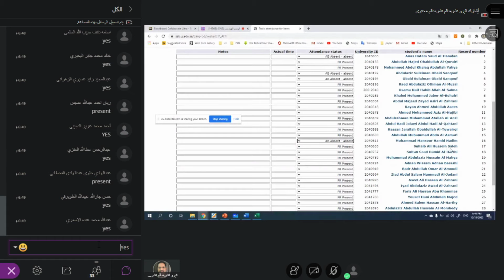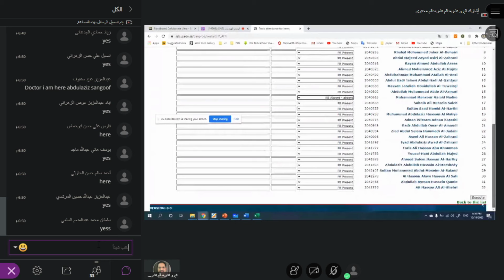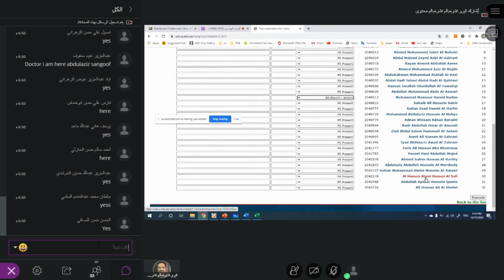Suhaib Ali Hussain Saleh, Sultan Saad Hamid Al Hatti, Muhammad Abdulaziz Hussain Al Mahia, Adnan Isam Adnan Rashi, Badr Abdullah Omar Al Amaudi, Ziyad Abdul Salam Hamad, Asil Ali Hassan Al Zarani, Riyad Abdulaziz, Faris Al Khas, Yusuf Khani, Abdullah Majid, Ahmad Saleh, Ahmad Salim Hussain, Abdulaziz Abdullah, Sultan Muhammad Abdul Mohanim Al Salami, Al Hassan Alabi Hassan Al Safi, Abdullah Ayman Hussein Kambu, Ali Hassan Ali Al Shari.